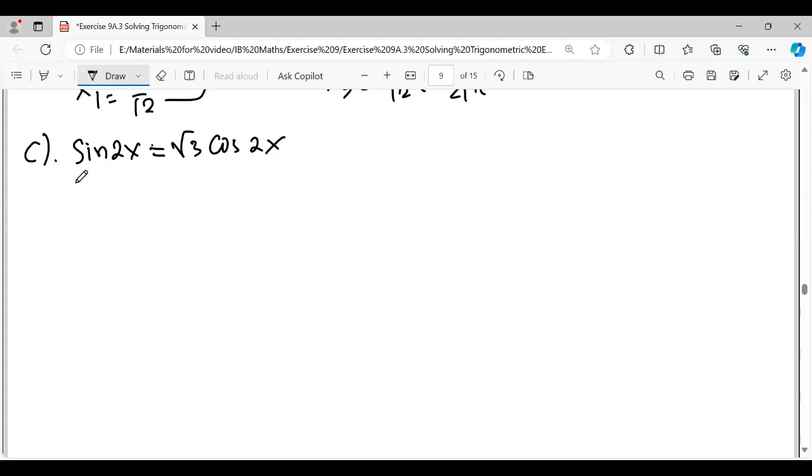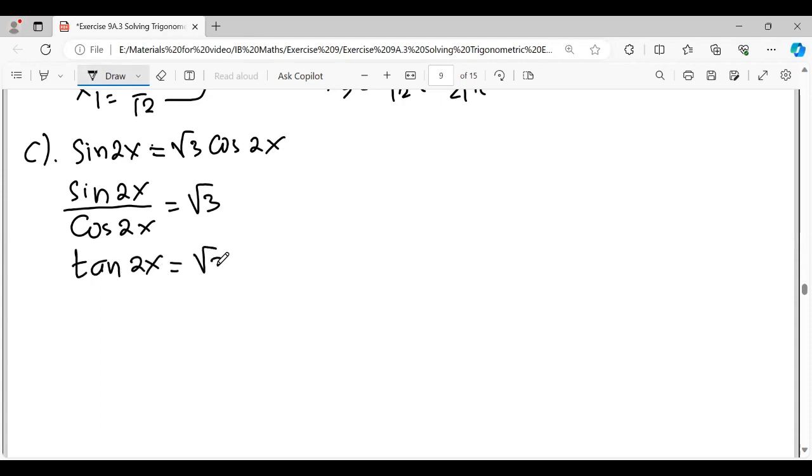If divided by cosine 2x, it's going to be square root 3. So tangent 2x equals square root 3. Okay. Now 2x1, or the first x, you can find through this.